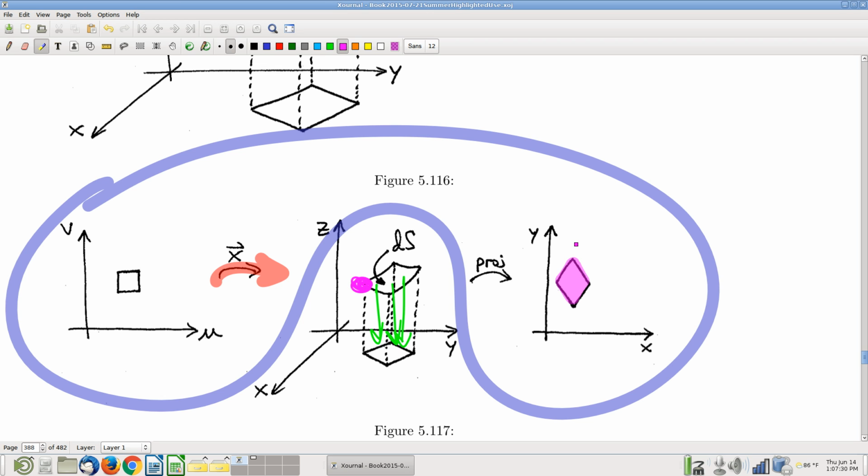Okay, and as such, you're going to want to call this, for visual convenience, let me put that there, dx dy. Seem like a reasonable choice?